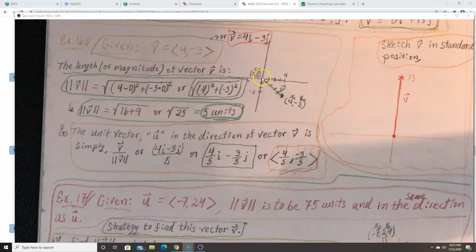So from the origin, it would be 1i plus 2i's, 3i, 4i, and then vertically downward, -1j, -2j, -3j. So it would be 4i minus 3j. I hope you realize it's saying the same thing as component form.